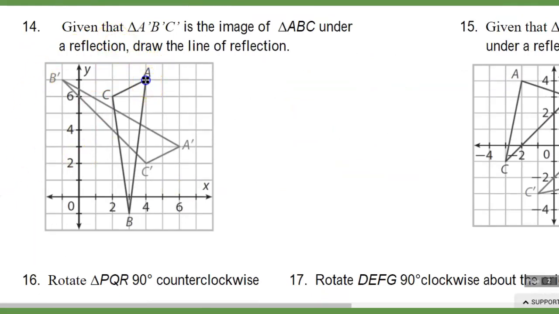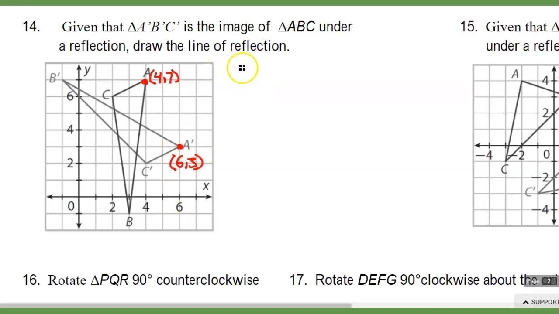So let's find the midpoint of A and A prime. Okay. A looks like 4, 7. Right? And A prime looks like 6, 3.